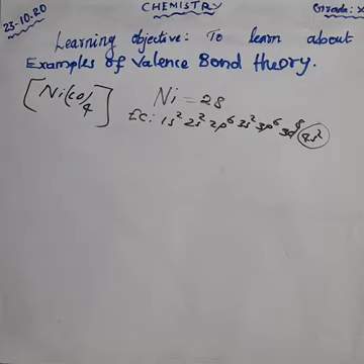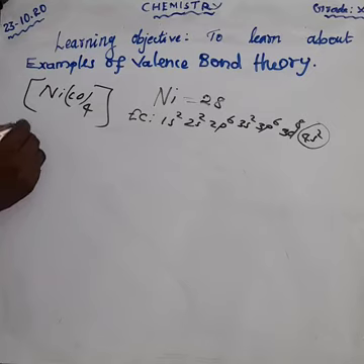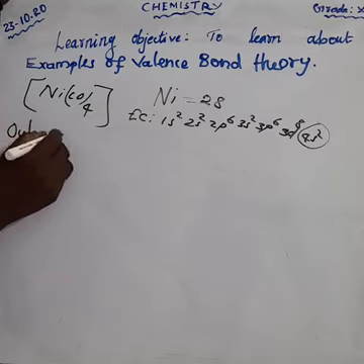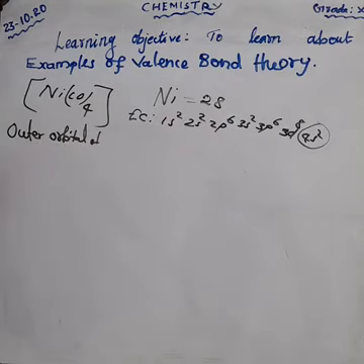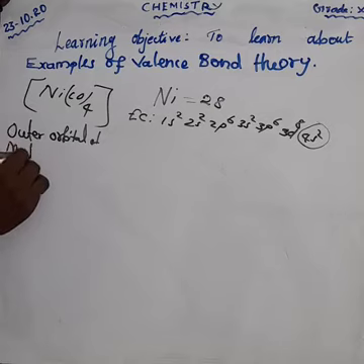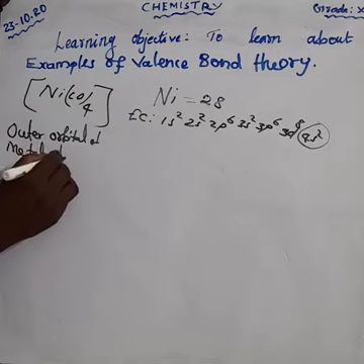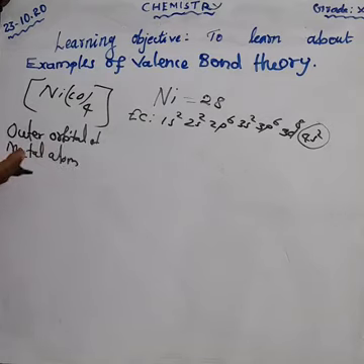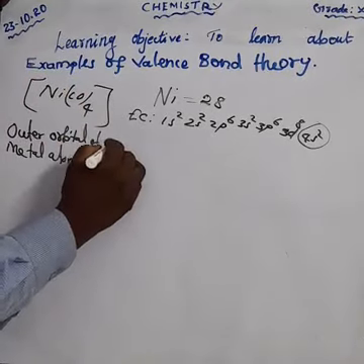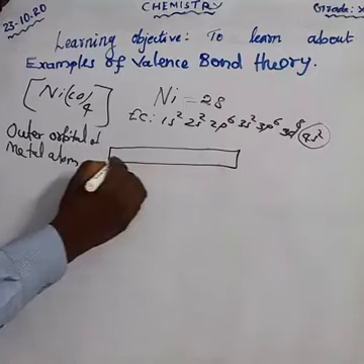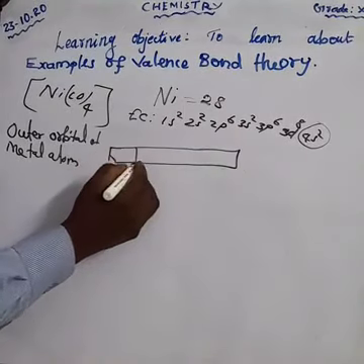Anyhow, for the outer orbitals of the metal atom, we should draw the orbital diagram. That is 3d, how many electrons? 8 electrons.